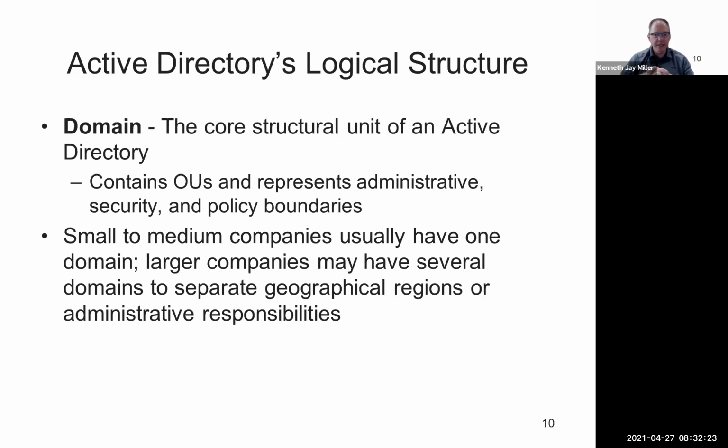To have somebody that could just poke around and root, and if they happen to find a folder without the proper permissions, who knows what they could get into, right? It could cause a major international scandal or embarrassment. So small to medium companies usually have one domain. Larger companies may have several domains to separate geographical regions or administrative responsibilities.